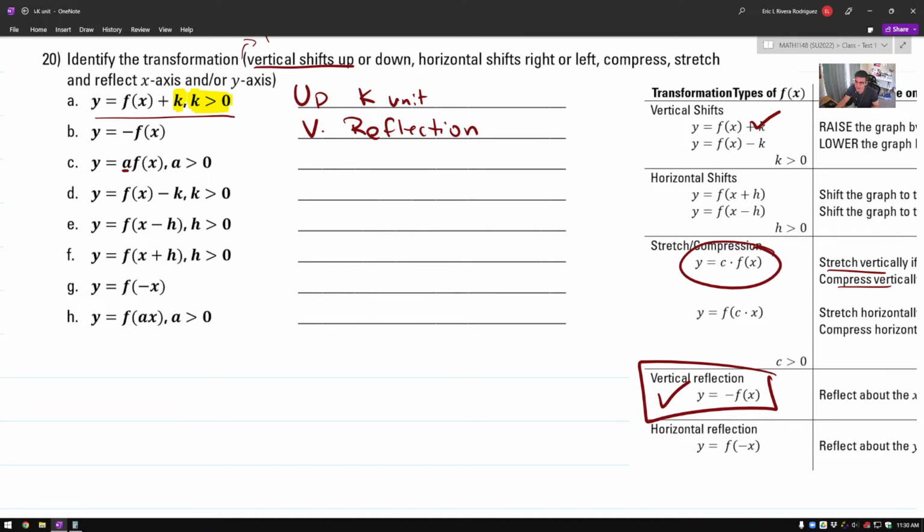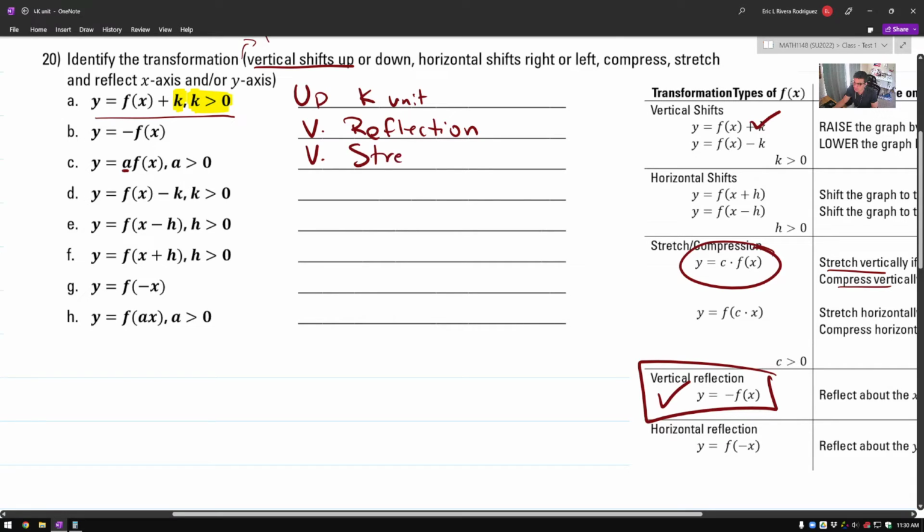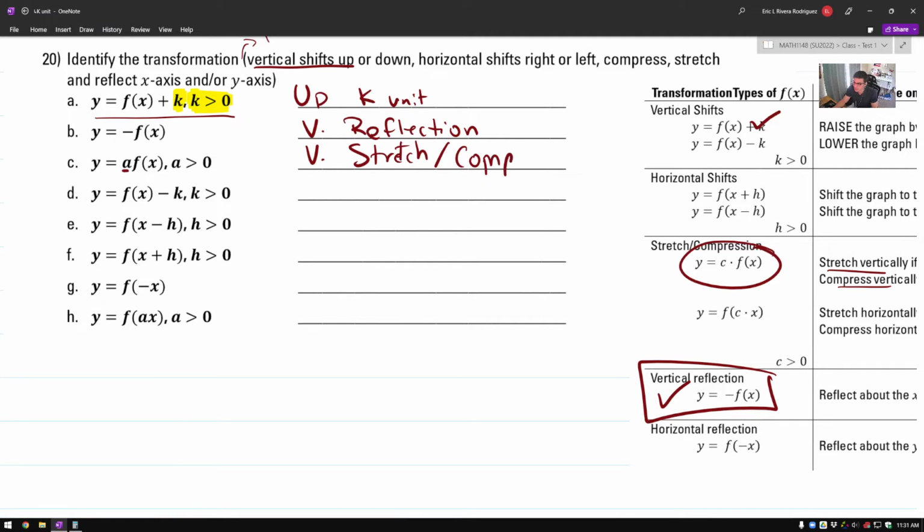Okay, so here let's see if there's any definition of a. The only thing that we know of a is that it's greater than 0. Well, what we are going to do is put vertical stretch slash vertical compression. I don't want you to go into the details because I know that you will know them.